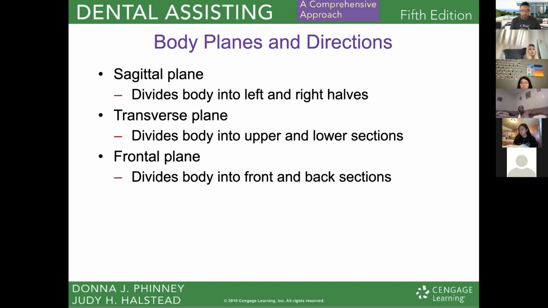But if the sagittal plane is in the very center of the body, we refer to this as the mid-sagittal plane. In dentistry, we can think about this as the midline, and anything closest to the midline is the mesial surface of the tooth. The transverse plane divides the body into upper or lower sections. It's also called the horizontal plane.